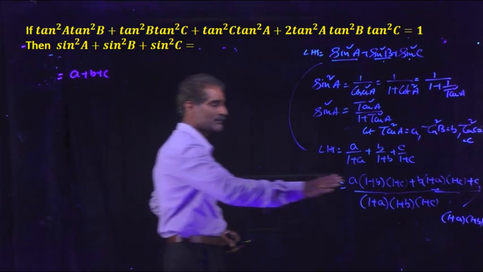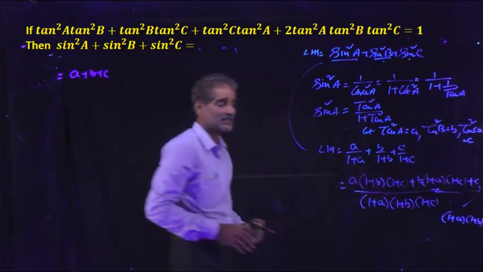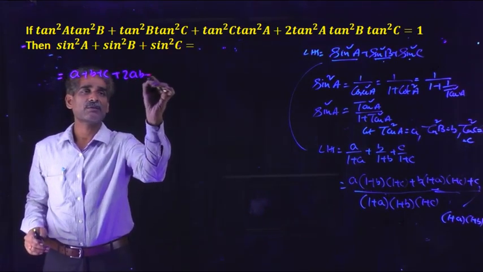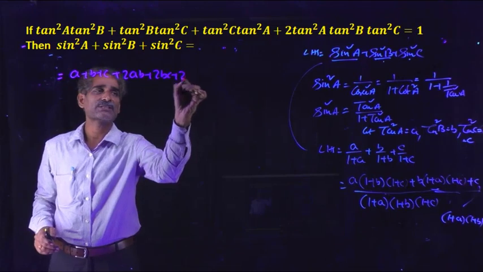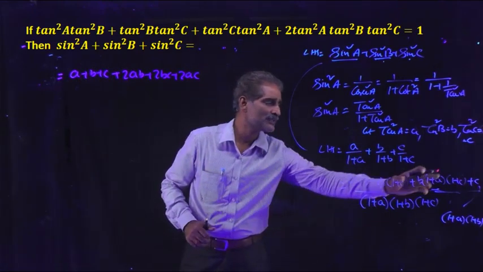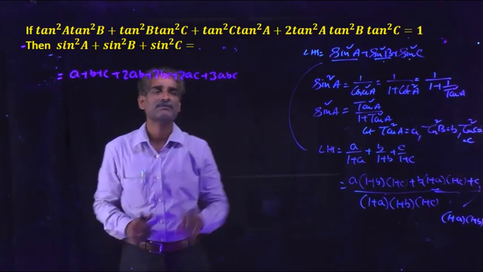See this, after multiplication of all these terms, we will get A plus B plus C plus 2AB plus 2BC plus 2AC plus 3ABC.